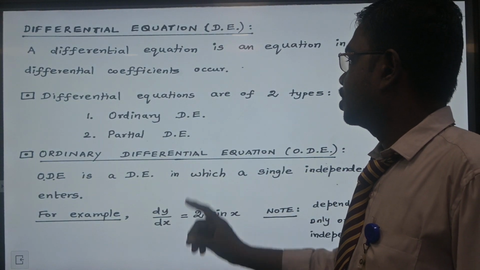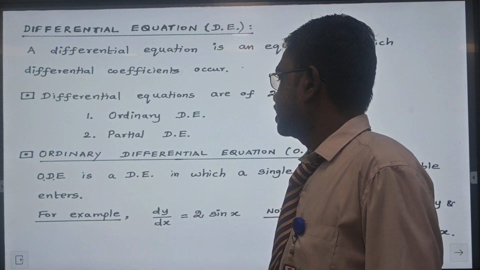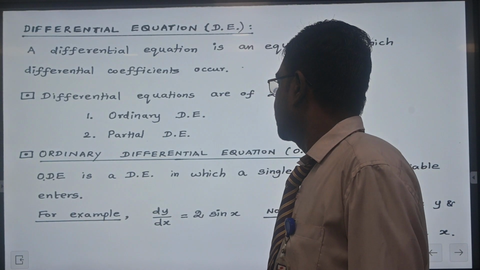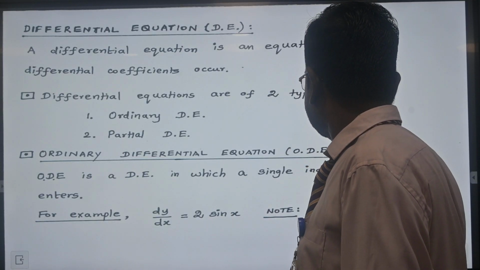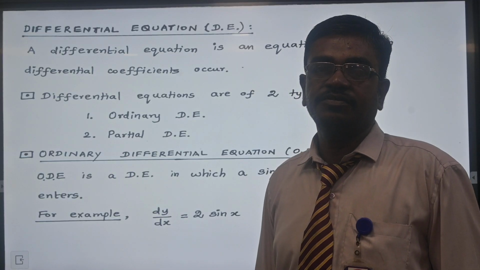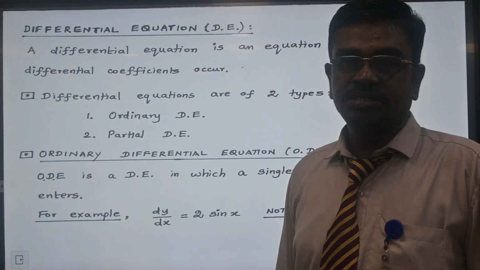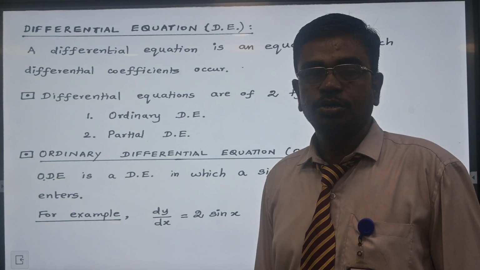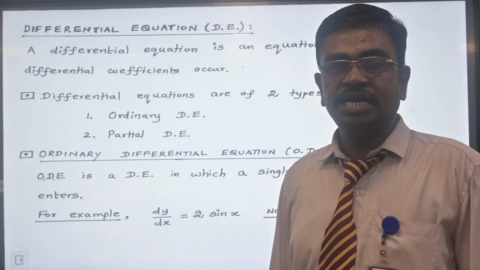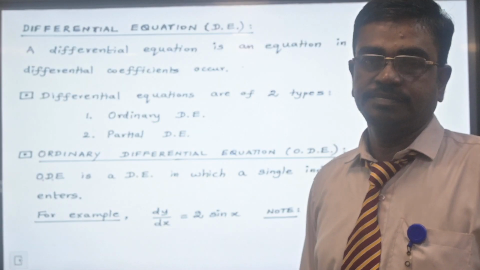So what do you mean by ODE? An ODE is a differential equation in which a single independent variable enters. There are two kinds of variable: one is dependent variable, another is independent variable.